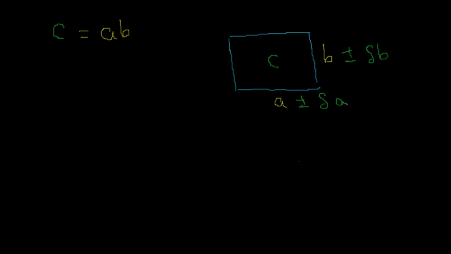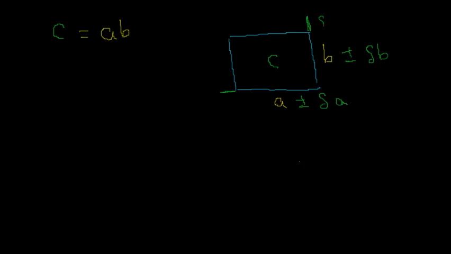In order to find the error in C, we would really want the biggest possible value of C when A and B have the biggest possible value as a result of the error. The biggest possible value simply means for A, it would be A plus delta A. So let's say delta A is this long, and let's say delta B is this long.